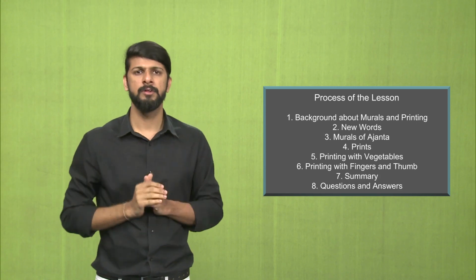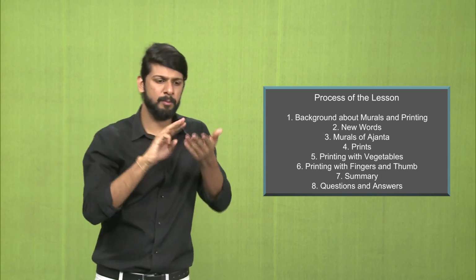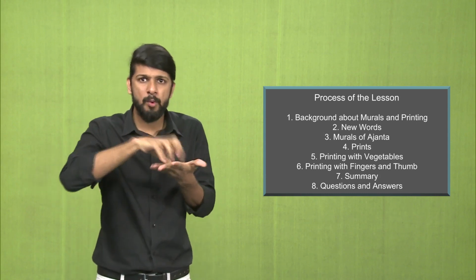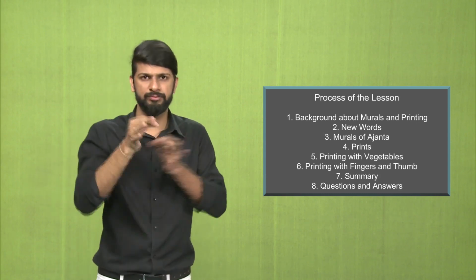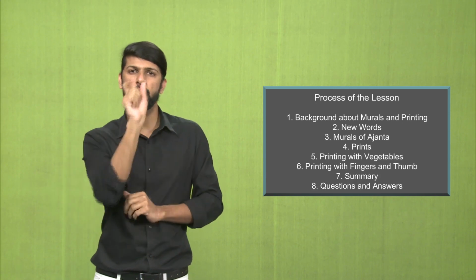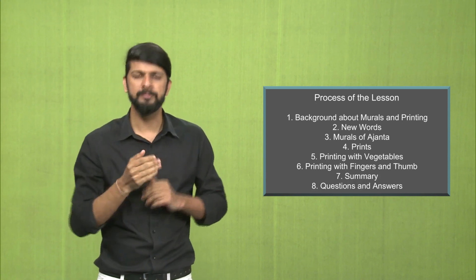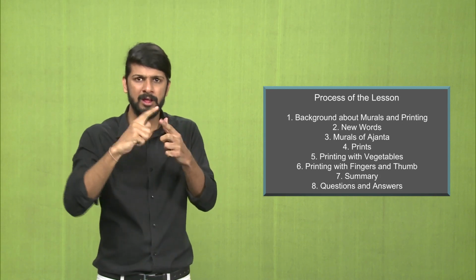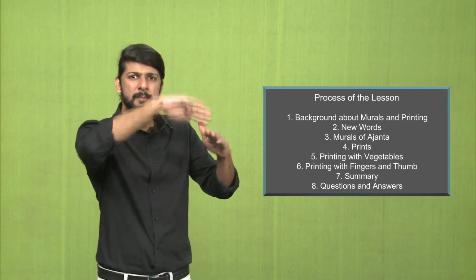How will we proceed with this lesson? First we will understand the background about murals and printing. Then we have new words from the lesson. Then we will discuss the murals of Ajanta.